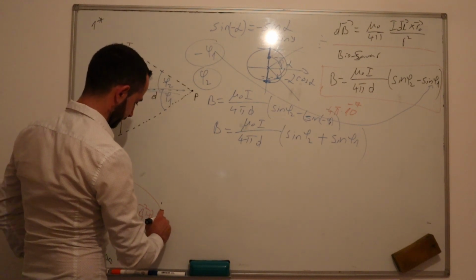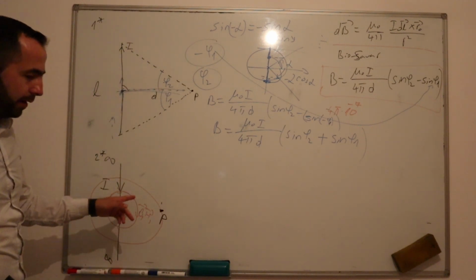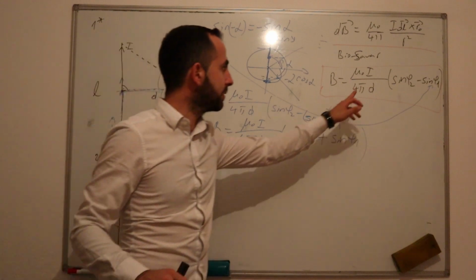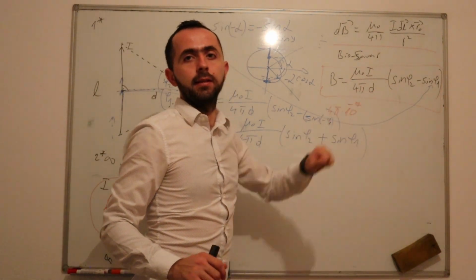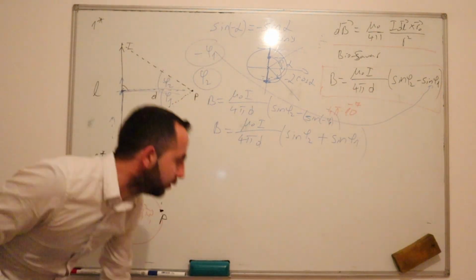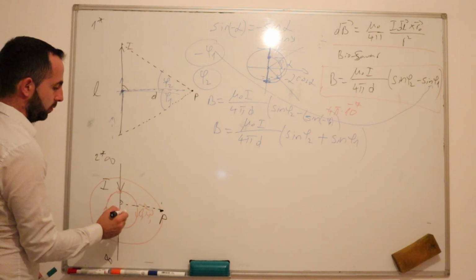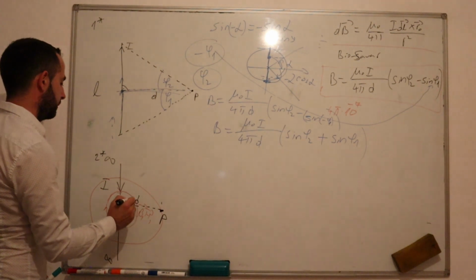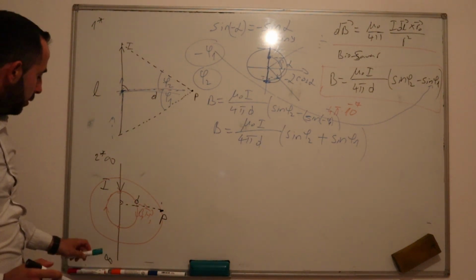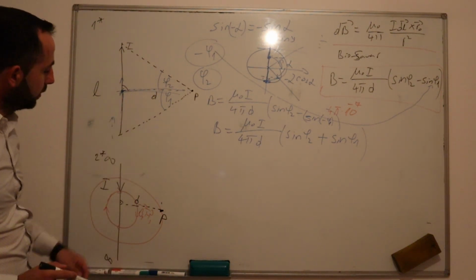At this point, P. First, as I already told you, we must draw this distance d. It must be normal to this conductor. So this is our distance d. Again, how can we find these two angles?